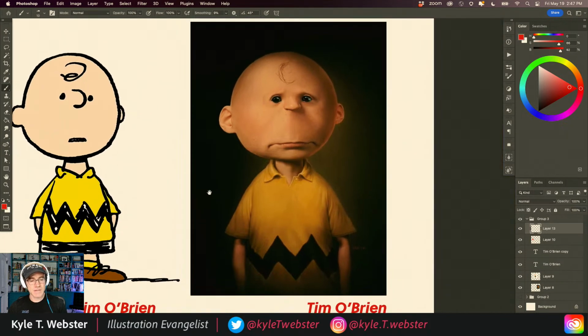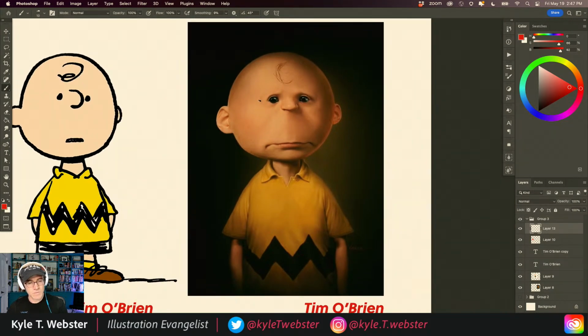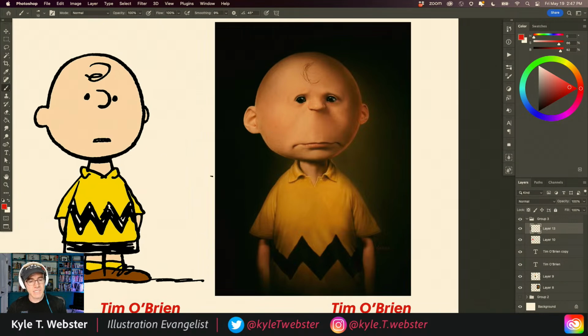So Tim O'Brien, amazing painter. Look what he did. He said, okay, what if I go the other way? I go from the illustration towards the real. So he took this super cartoonified, stylized illustration and did a realistic, painterly interpretation of it.